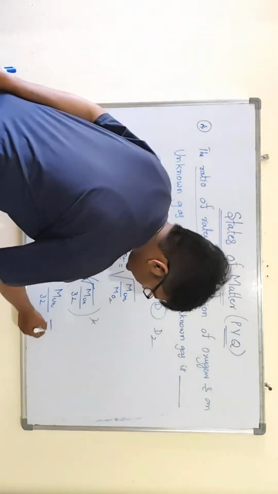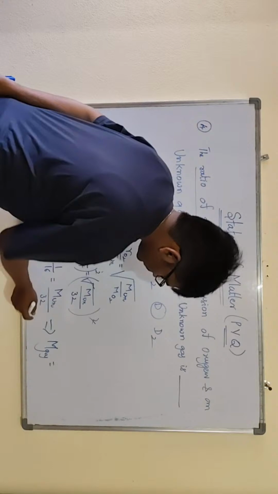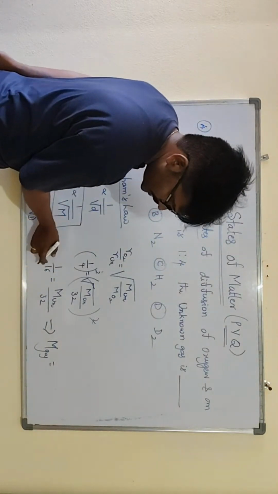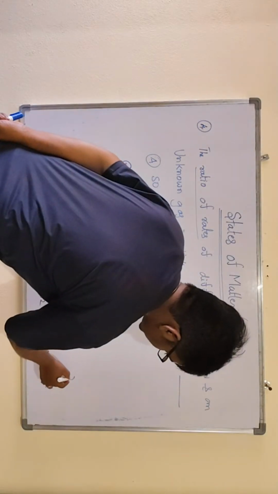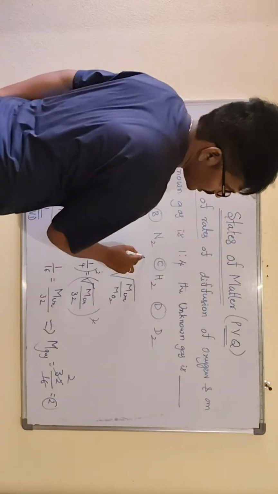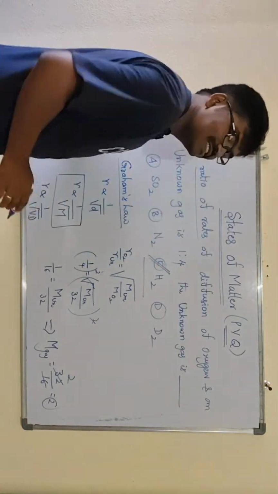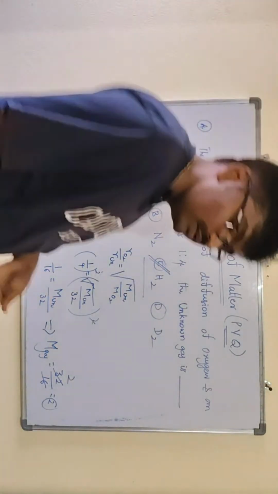So what we need is the molar mass of unknown gas, which equals 32 divided by 16, so you get 2. The molar mass 2 is for hydrogen gas. This is the answer. Clear, my dear students? Yes, note down the question. We'll discuss one more.